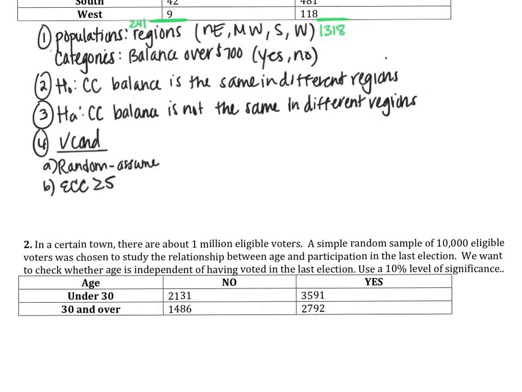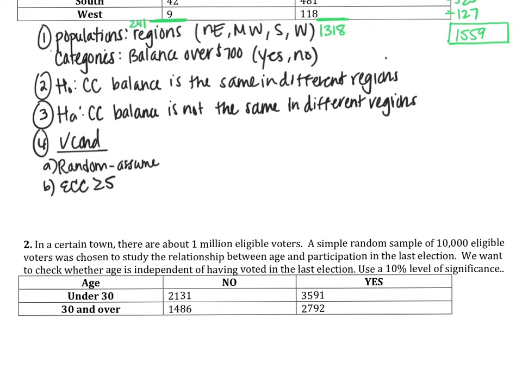This row is 565, 344, 523, and 127 for a total of 1,559.